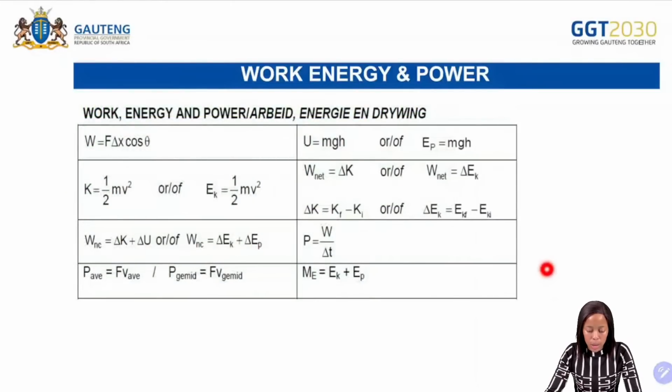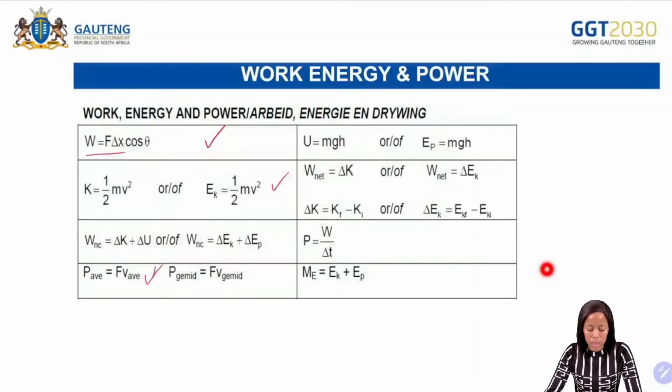Then we also need to make sure that you are familiar with what? Make sure that you are familiar with the formula sheet. So we are going to use these formulas here. That's the formula for work. And then what's important here is that work is a scalar quantity. So meaning that when you get a negative answer, you are no more going to say that it's moving to the left or it's moving to the right. Okay, so a negative answer just means that there was a loss in energy.